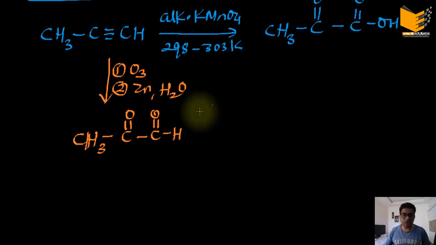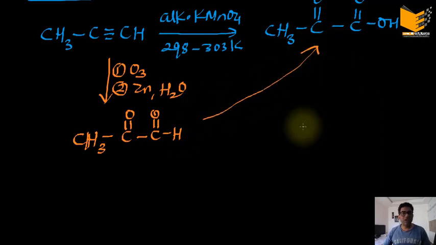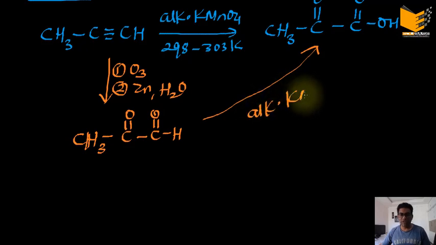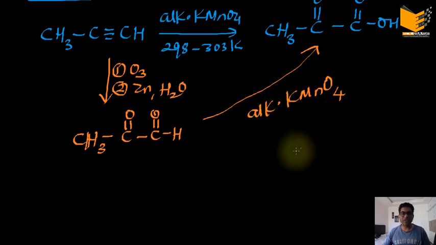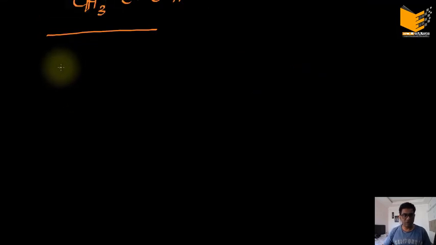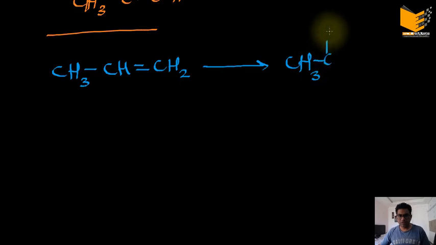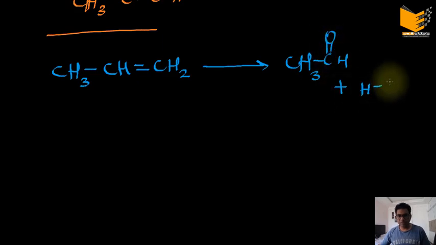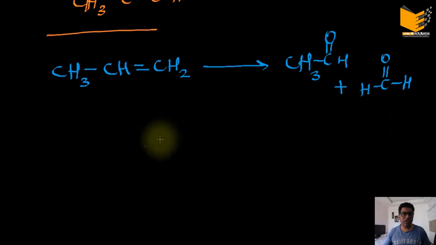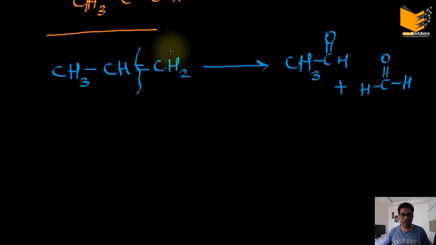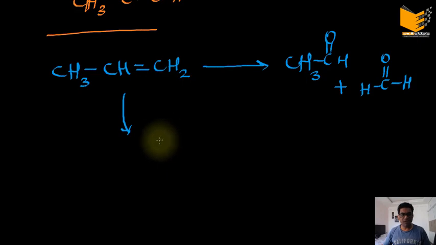If I were to oxidize this compound using alkaline KMnO4, then I would get the carboxylic acid on the terminal carbon. If we did the ozonolysis of alkenes, something like CH3CH=OH plus formaldehyde, these are the two aldehydes we get. So we basically break the bond here and add a double bond to O. We are breaking one pi bond and one sigma bond to form an intermediate.